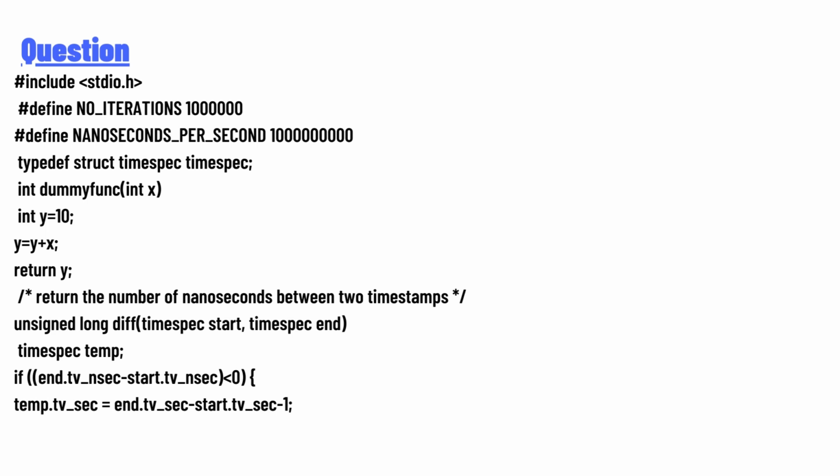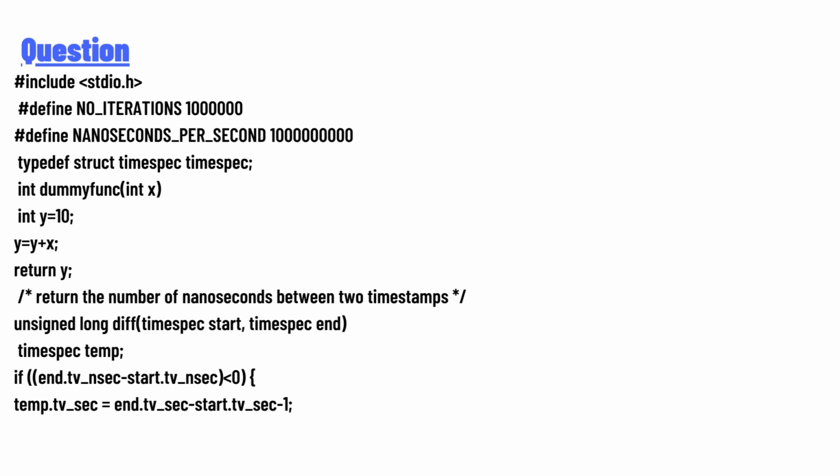Define NO_ITERATIONS 1000000, define NANOSECONDS_PER_SECOND 1000000000. Then a function: struct timespec, int dummy_func(int x) { int y = 10; y = y + x; return y; }. Return the number of nanoseconds between two timestamps.